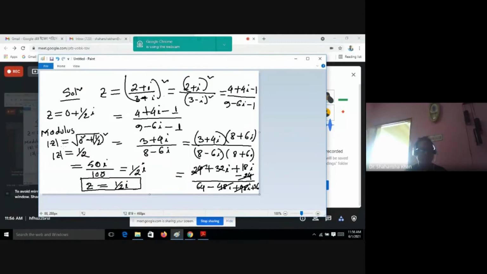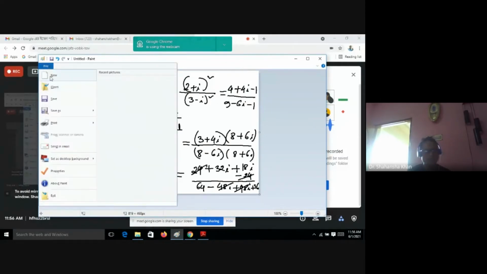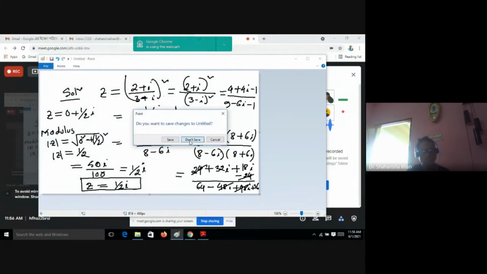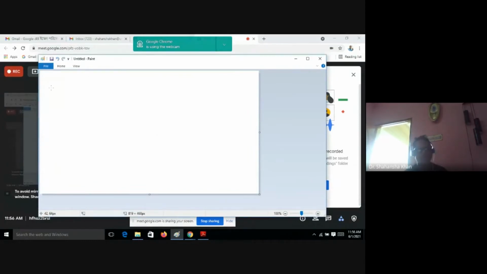Now in the next slide, the argument of z, theta, equals tan inverse y by x, because the complex number is z equals half i.